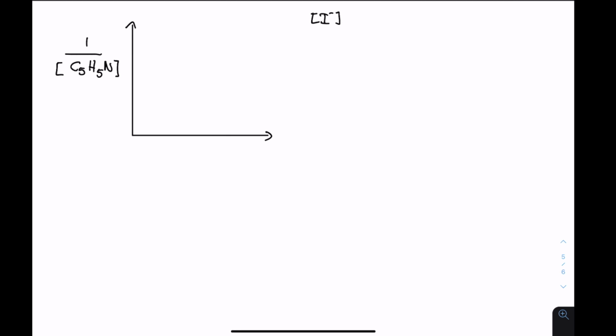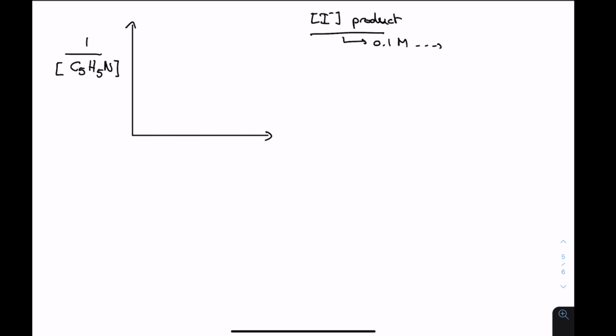That's of course a product. So you first had to use that from the initial concentration of 0.1 molar. You had to calculate the concentrations of the reactants and then plot that.